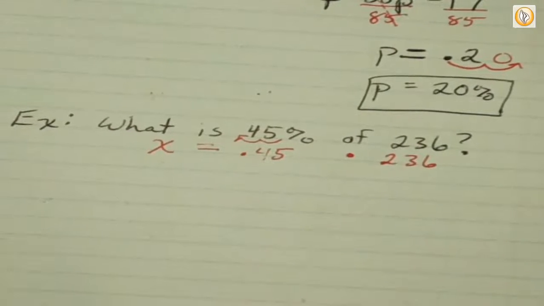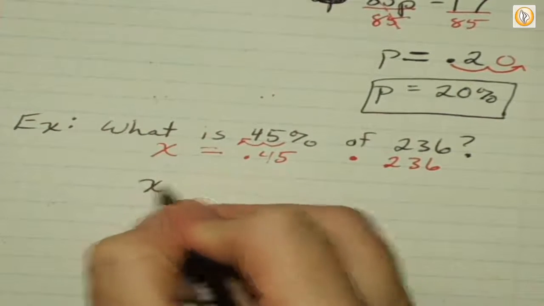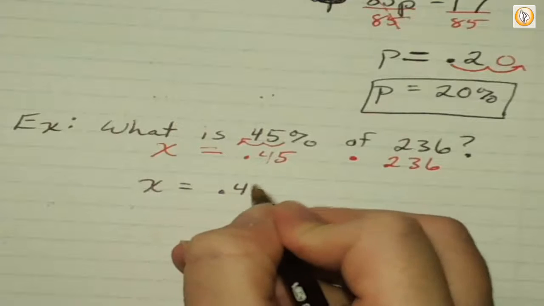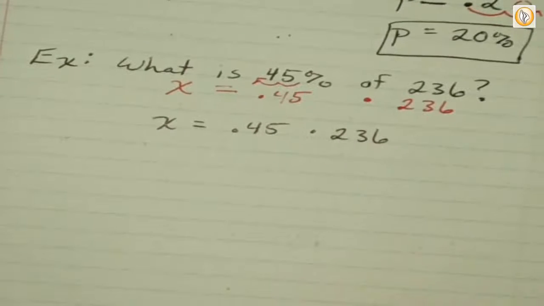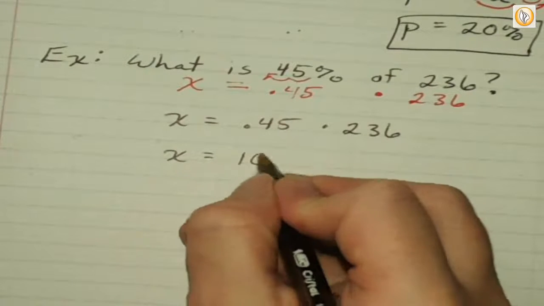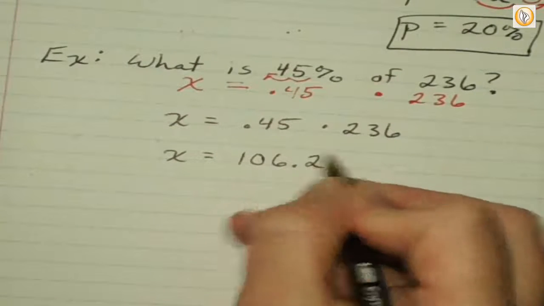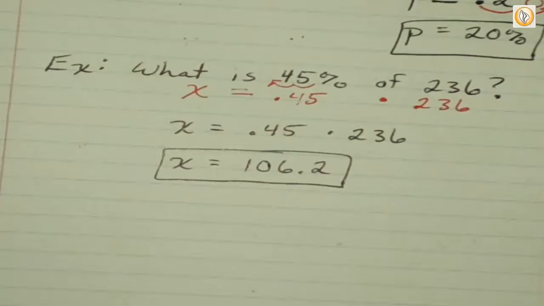So 0.45 times 236. If you do the math, you would get X equals 106.2. There you go. So that's all you have to do. Just plug in the information.